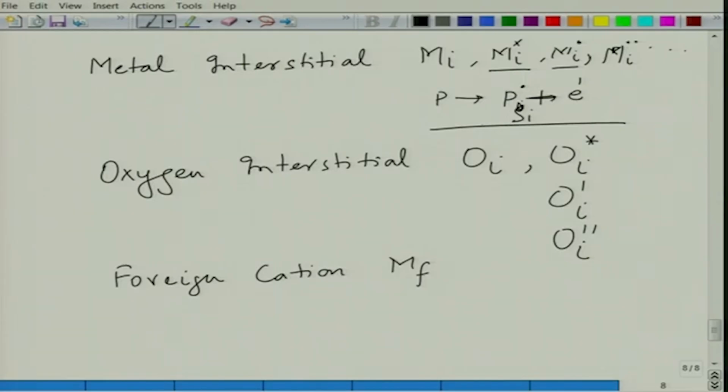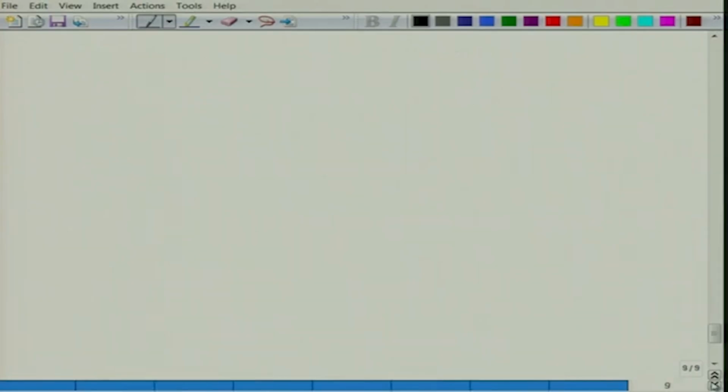Generally, electrons are depicted as e dash and holes are depicted as h dot. Wherever you have X, it means neutral; wherever you have dot or dash, it means charged. So this is basically the Kroger-Wink notation. Defects are usually represented by writing what we call defect reactions. They are sort of chemical reactions.